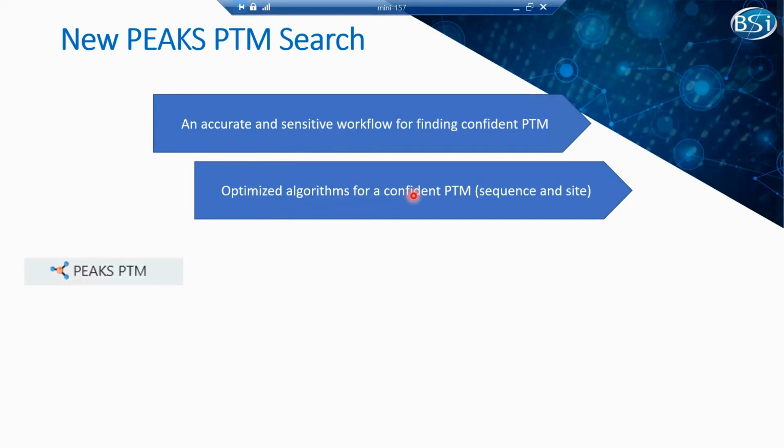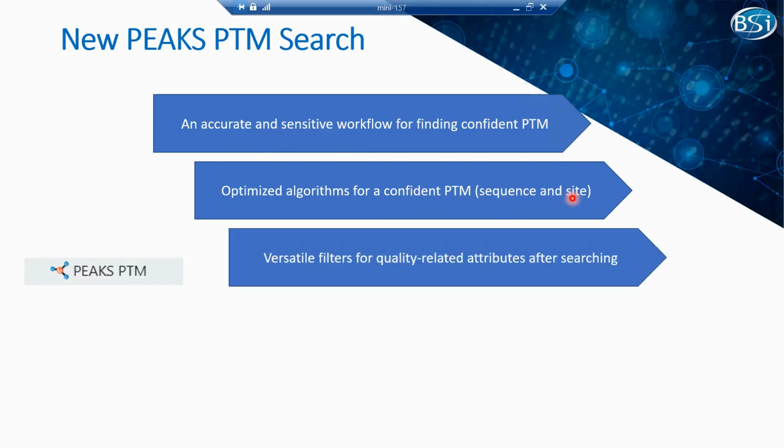When we say a confident PTM, it usually contains two things. One is that the peptide sequence is right. The second is that the site of the PTM is right. And then we have multiple filters, what we call the quality related attribute filters. You can use these filters to filter your results to keep the results accurate.